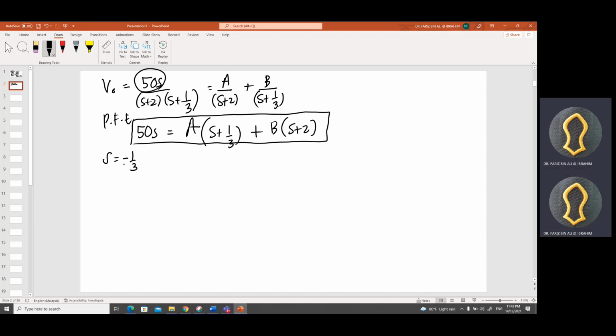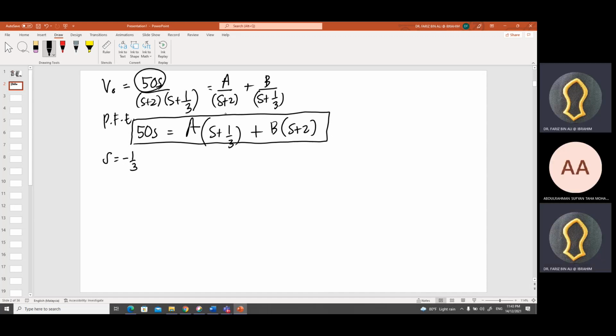If I put s equal to minus 1 over 3, then this part here, A will be gone. So what is left is only 50 times minus 1 over 3 equal to B(minus 1 over 3 plus 2).